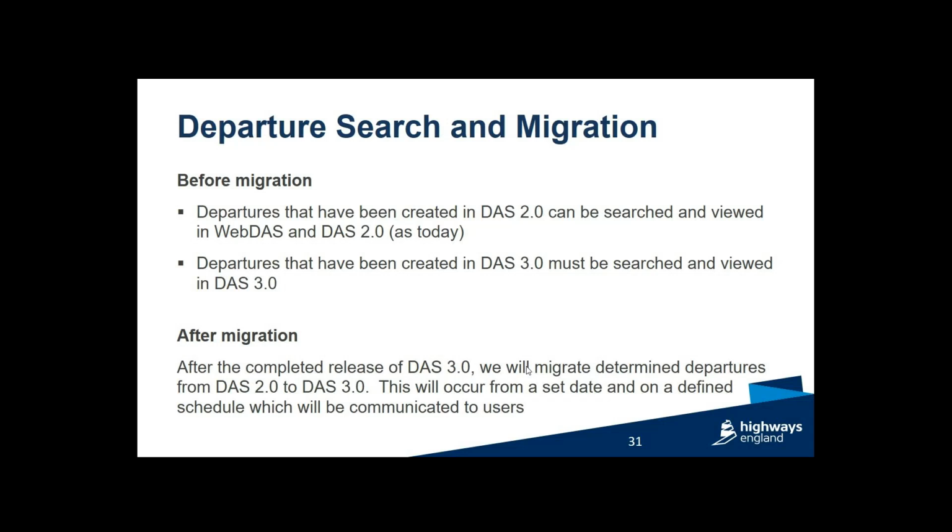Anything that's created in DAS3 needs to be searched and viewed in DAS3. If you search for a DAS2 departure in DAS3, it will not be present, and vice versa. Once we have performed the migration, everything will be available in DAS3. We are currently working with HE's IT partner to formalize that migration, and as soon as we have any information on that, we will communicate it with you.